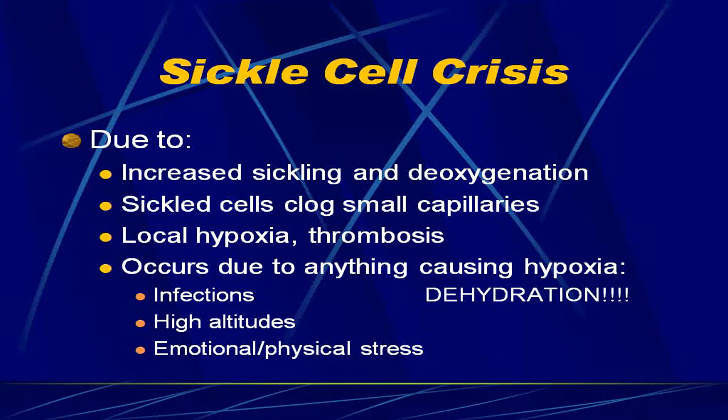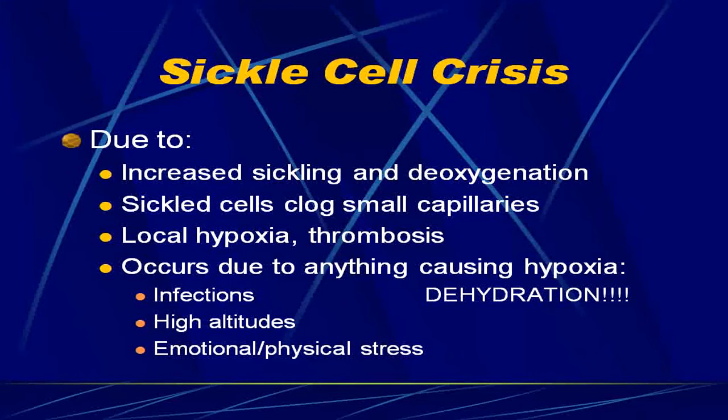So if the person has an infection, it can cause the person to develop a crisis. If they're dehydrated, anytime we take water away from something, let's say we were cooking a pot of beans and all of the water drained out of them, those beans are going to clump together because they don't have any fluid.